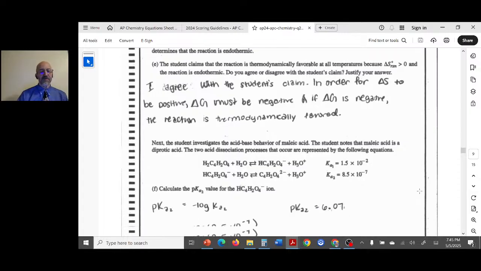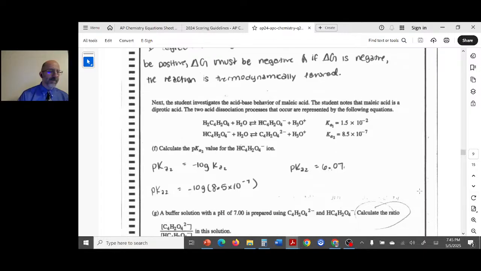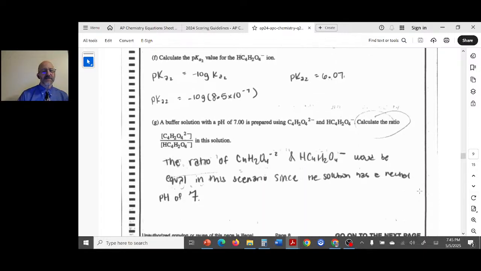All right, part F. Yes, there's the 6.07. Looks good, but no, they did not quite do a calculation or explain what was going on in terms of that ratio. They said they must be equal since the solution has a neutral pH of 7. So the student is confusing a pH of 7 with a strong acid and a strong base. This is a weak acid and its conjugate base.